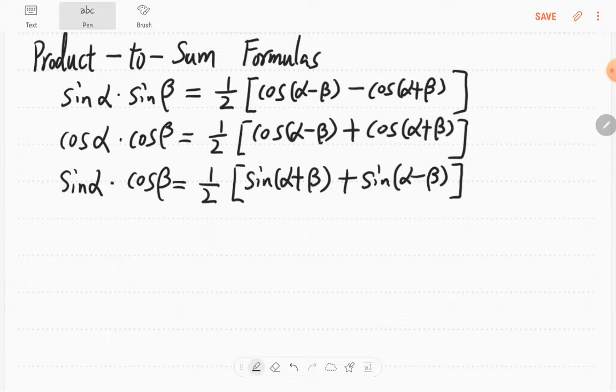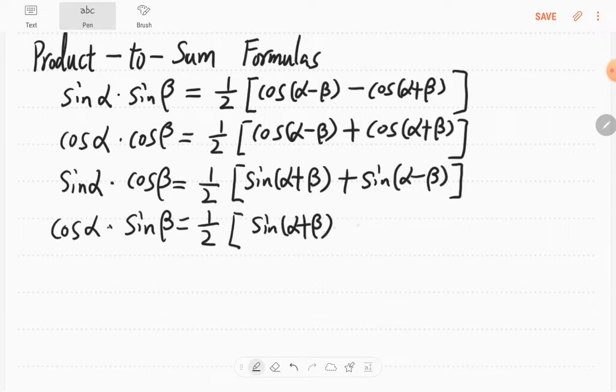And cosine alpha times sine beta, which is 1/2 times sine alpha plus beta minus sine alpha minus beta. So the proof is quite easy. You just use the sum and difference formula for the right side, then you can get to the left side, right?